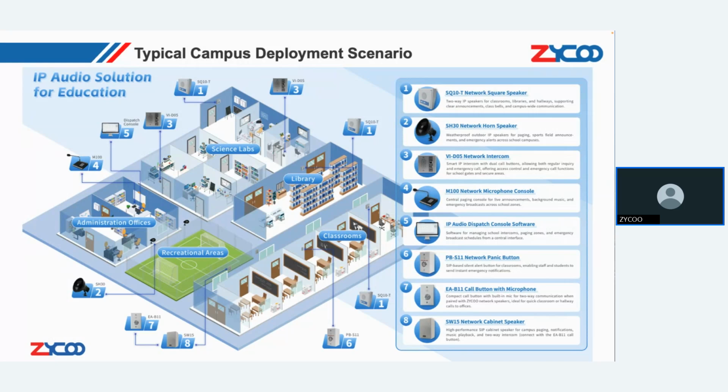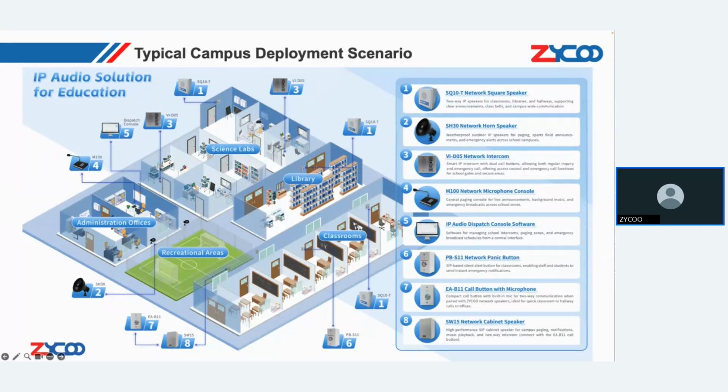And for some outdoor areas or the gym areas, we recommend you to use the outdoor speakers like the SH30 or SH10 to ensure a clear coverage. And in corridors, classrooms, or under desks, you can use PBS11 panic buttons for quick emergency triggering.